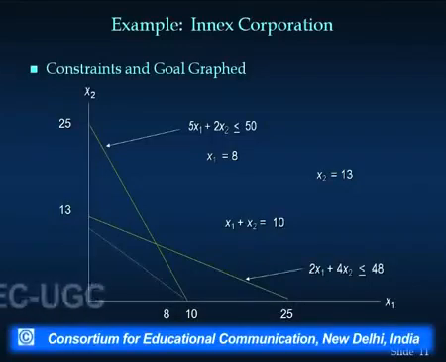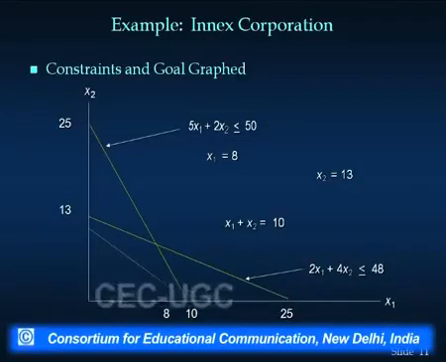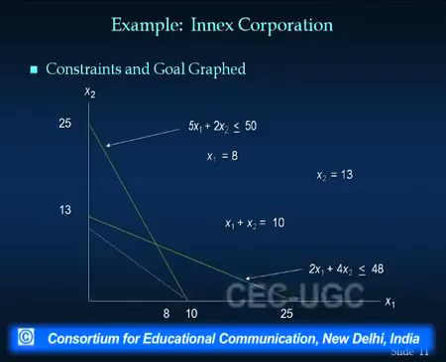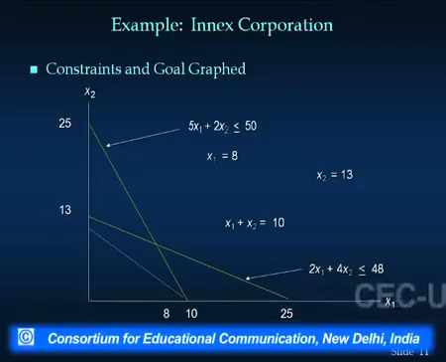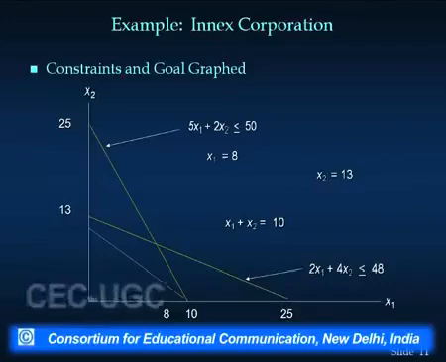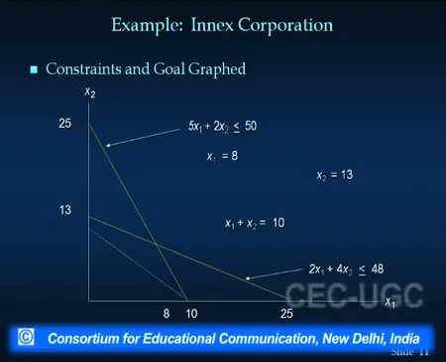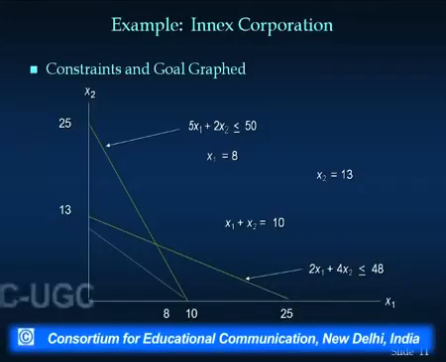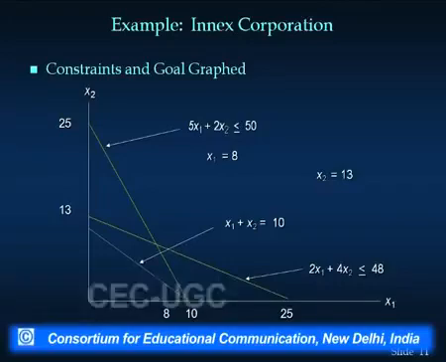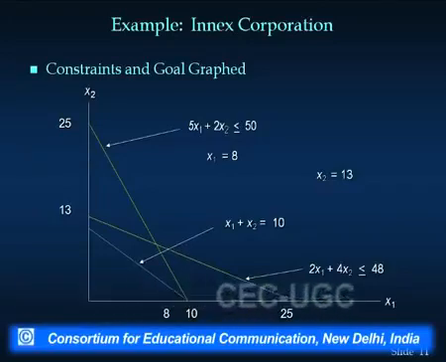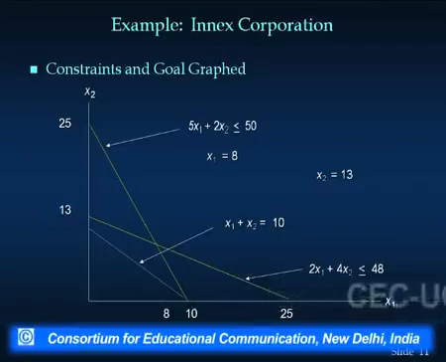A line has been added which is for the first priority, the first goal, where we want that total production should be 10. So x1 plus x2 should be 10, and this line is the line for x1 plus x2 equal to 10. Look at the slide, and this is x1 plus x2. The first goal has already been marked.